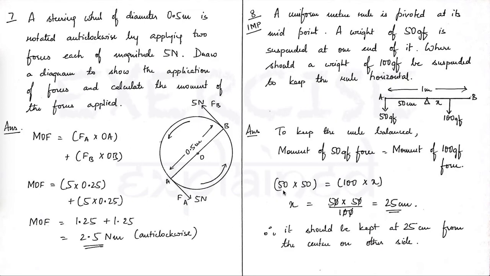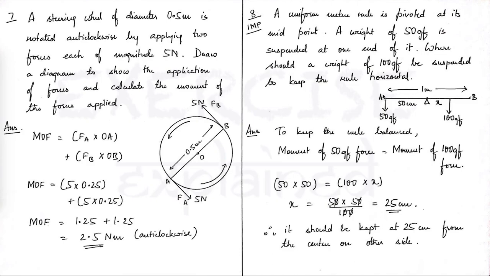So I just solved this equation, that is take 100 to the other side. So we get 50 into 50 divided by 100. That's the value of x. 0, 0 cancels and 5 into 5 gives me 25 centimeter. So we can write the 100-gram force should be kept at a distance of 25 centimeter on the other side from the center.